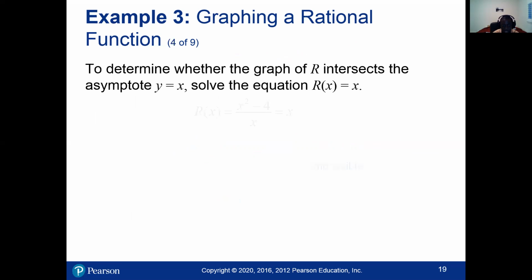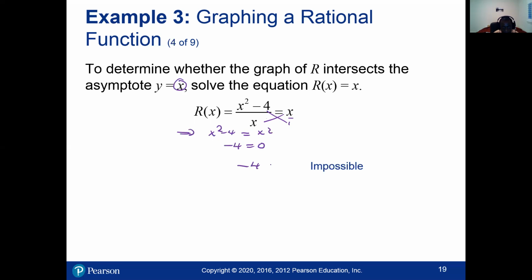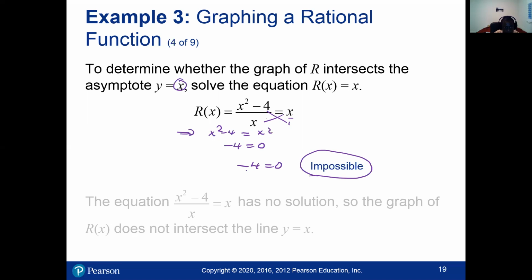So we have to solve by setting the function equal to x. This gives us x squared minus 4 equal to x over 1. So cross multiply: x squared minus 4 equals x squared, giving negative 4 equal to 0, which is impossible. And so what's your conclusion?